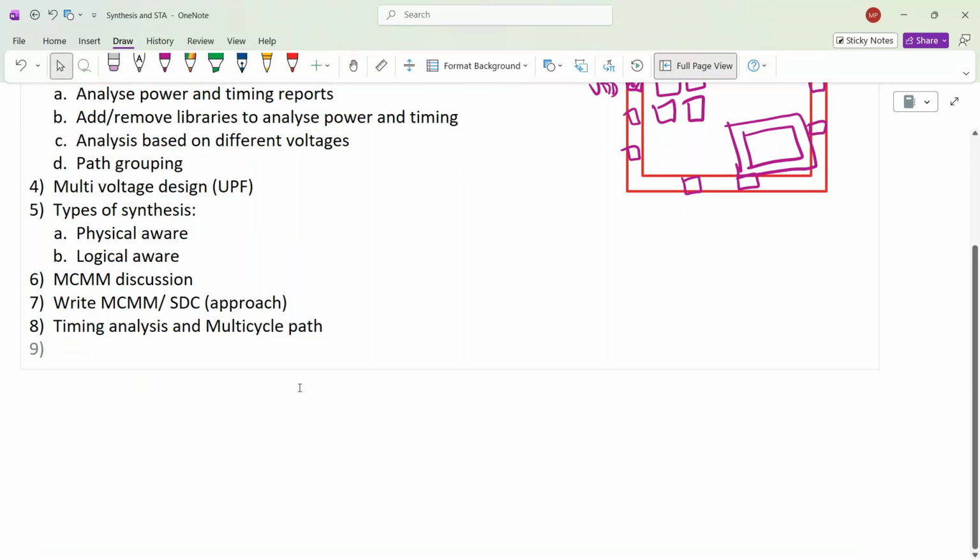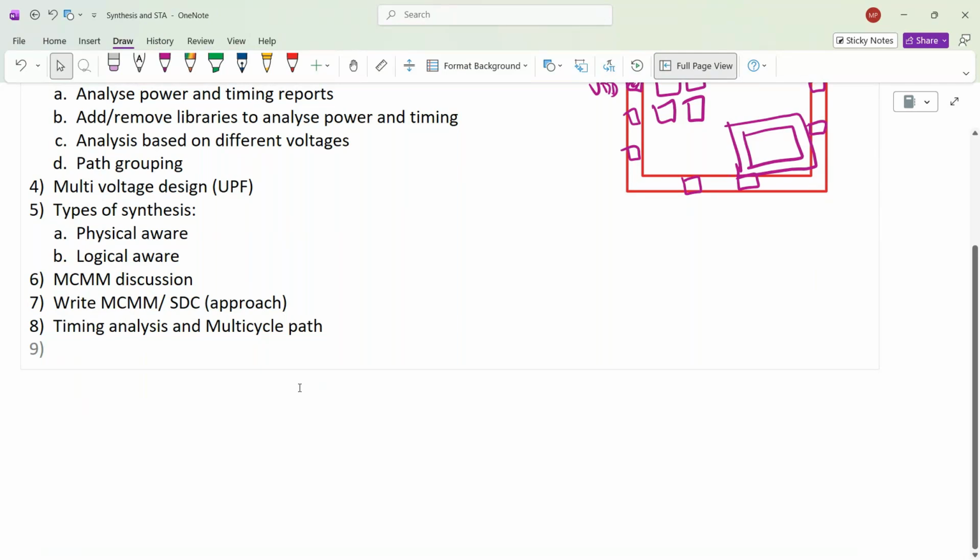Before applying the multi-cycle path, we'll see the timing. After applying it, we'll see the timing and do a comparative study.